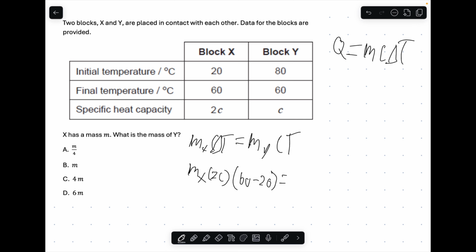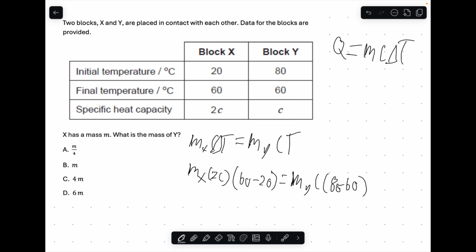That is equal to my, and then the c here is just c, and the change in temperature for Y, as we can see on the chart here, is 80 minus 60.